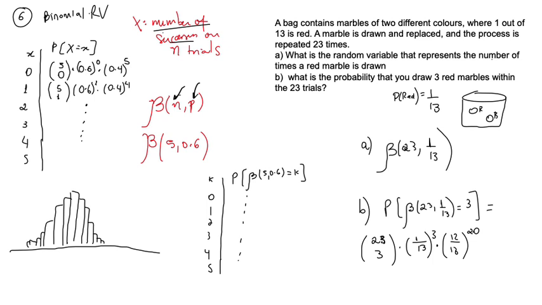The probability of success you were given has to appear 3 times. And the probability of not being successful, which is 1 minus that, which is 12 over 13, has to appear the rest. So it's 23 minus 3, so 20 times. This was worth 2 marks. This exercise was worth 3 marks.